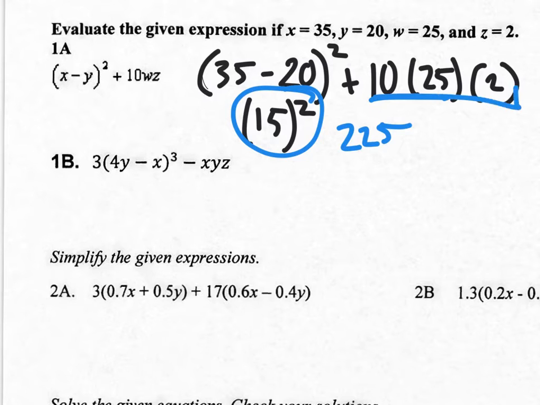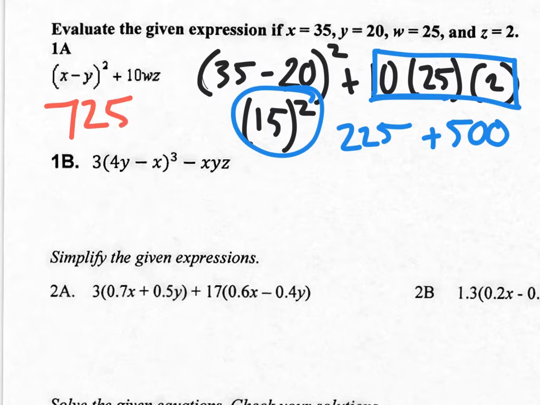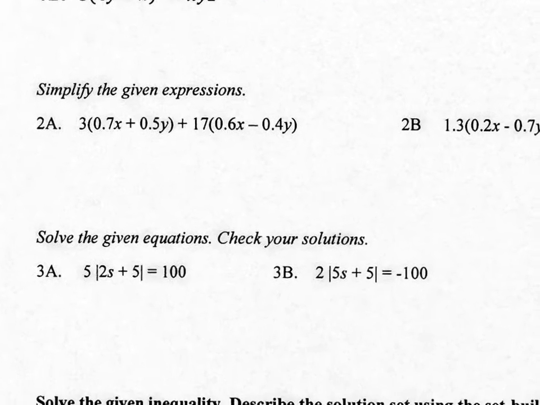And 250 times 2 is 500. So yes, your final answer will be 725. So the answer to 1A is 725. You got it? All right. So you guys could try 1B on your own, and of course I'll post answers later so you could check your answers. But I just want to give you a video to review on that type of question.